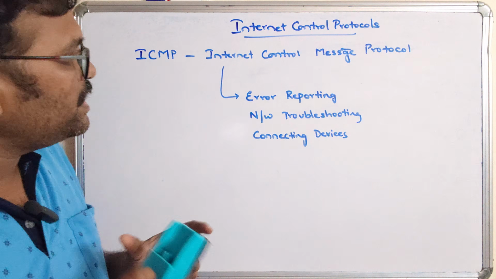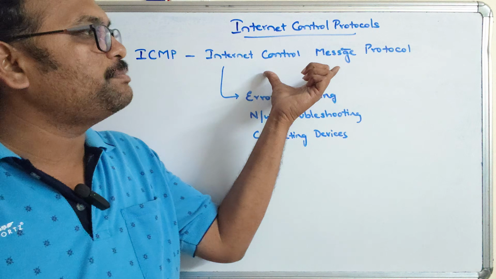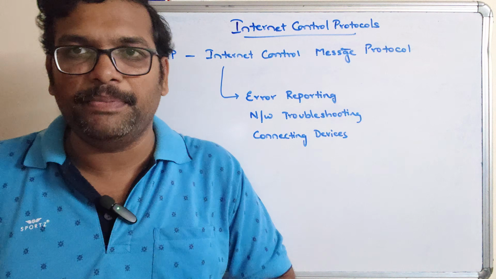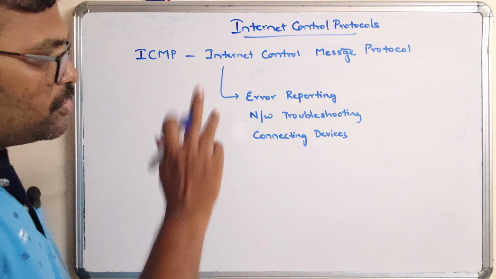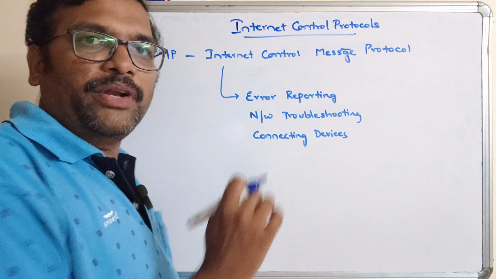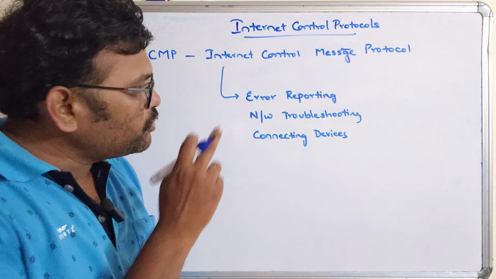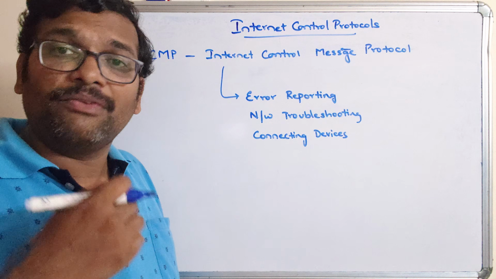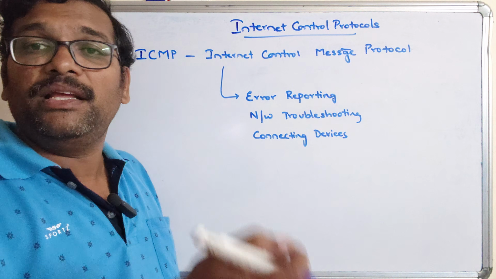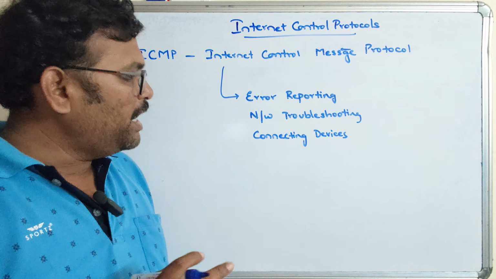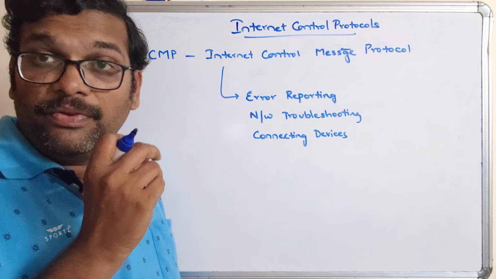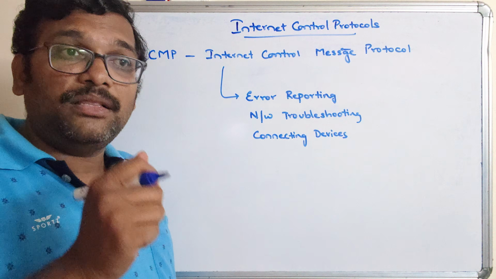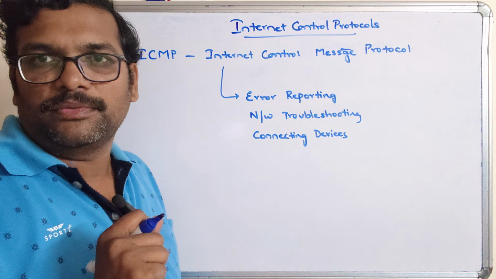That kind of thing is taken care of by this protocol called ICMP, right? So that's why we say it is error reporting and also network troubleshooting. Whatever the problem may be, that will be sent to the sender. And similarly, for connecting the devices, it also knows whether the device is active or not.